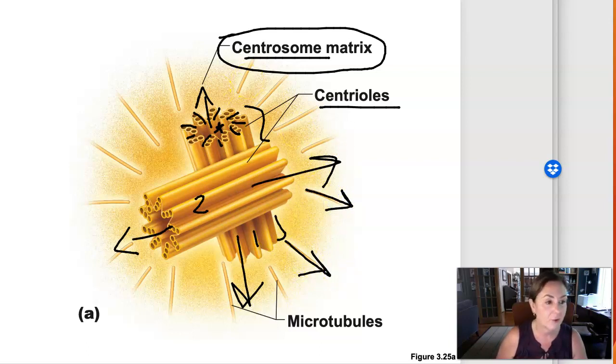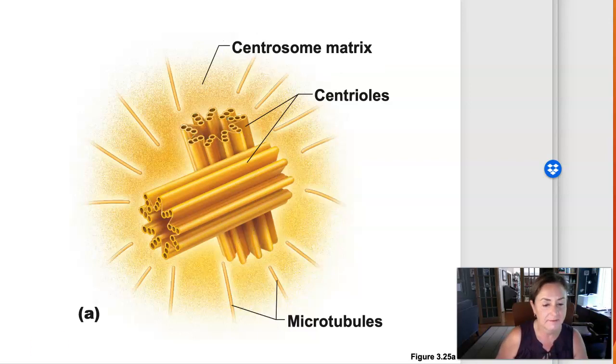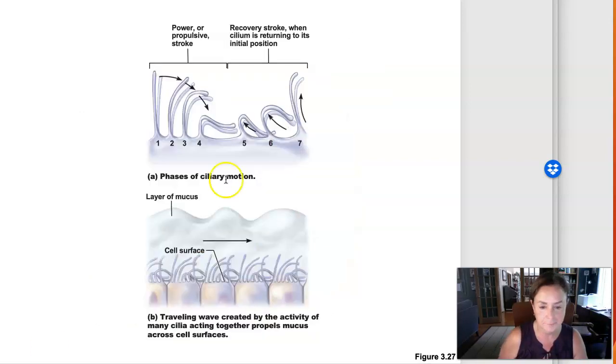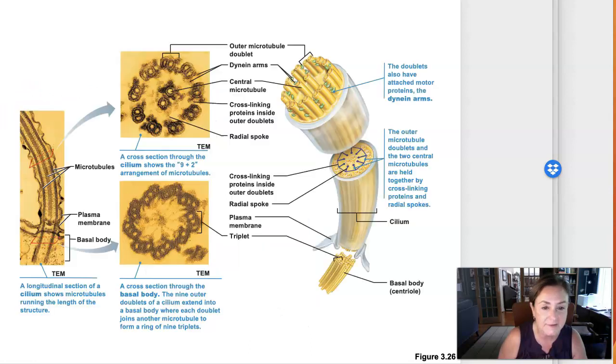And another anchoring role that centrioles have is to anchor cilia onto the cell surface. I'll talk about cilia next up. But here, cilia are just little extensions from the cell surface. And so if we look right at the base of the cilium, as they're showing us in this picture, here's the cilium.